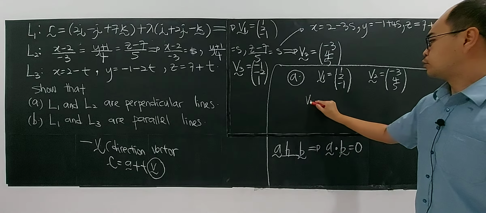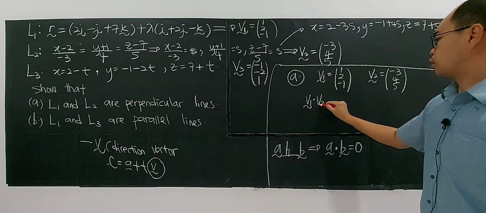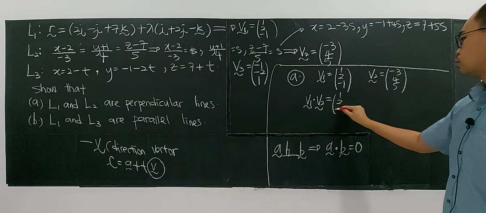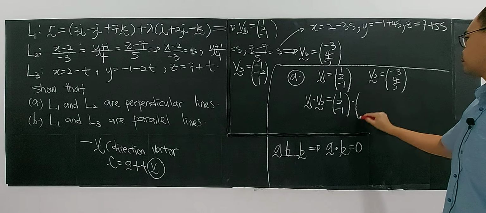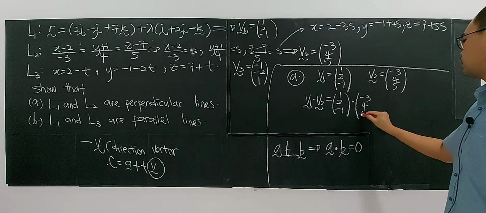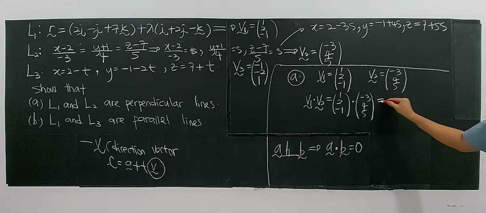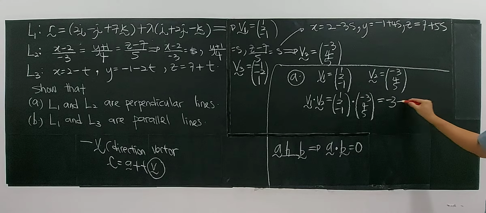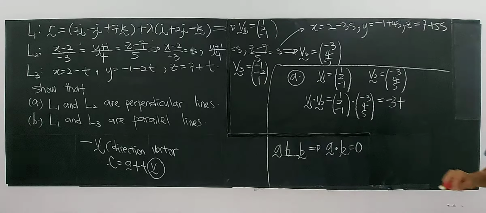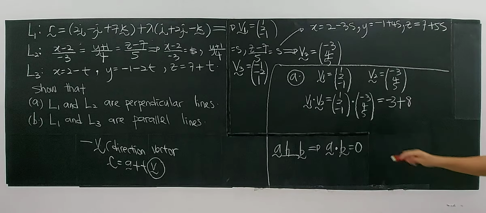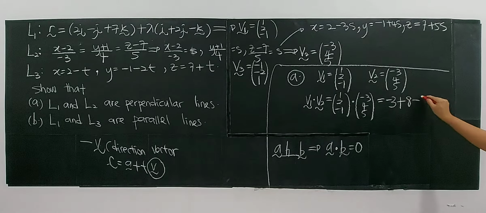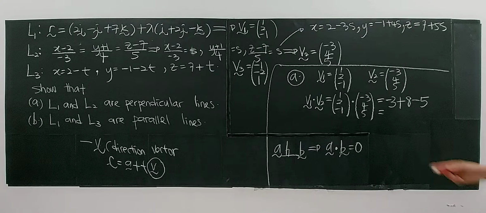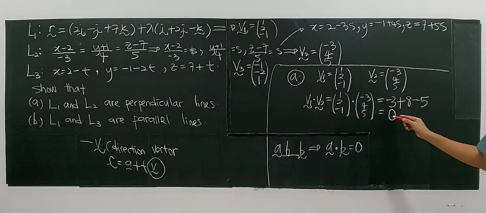You just need to take V1 dot V2. So (1, 2, -1) dot (-3, 4, 5): 1 times -3, plus 2 times 4, which is 8, minus 5. So -3 plus 8 gives 5, 5 minus 5 gives 0. Can you see that? You get 0.